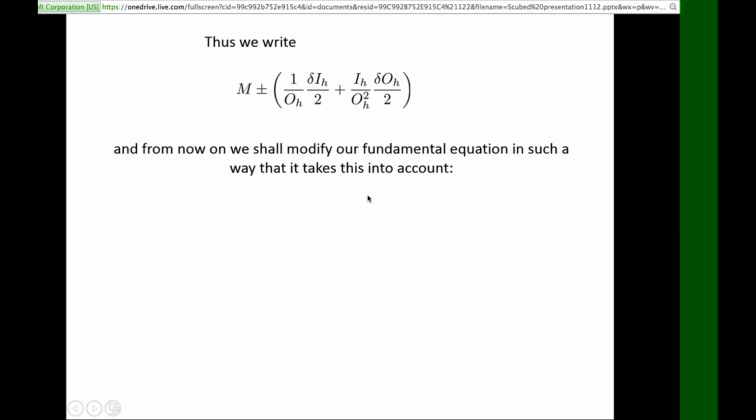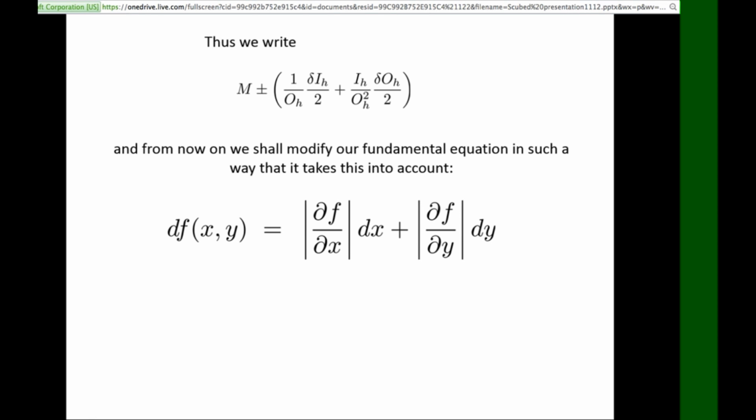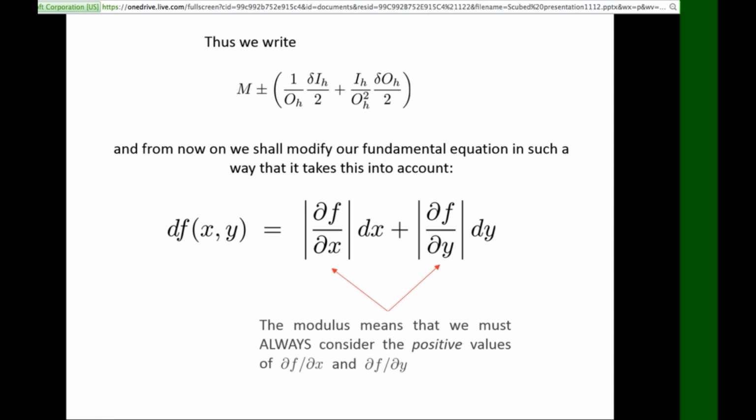And from now on, we shall modify our fundamental equation by putting in the modulus sign. The modulus sign means that we must always consider the positive values. That is, if partial f by partial y is negative, as was the case in the example we've just considered, we have got to take the positive value.